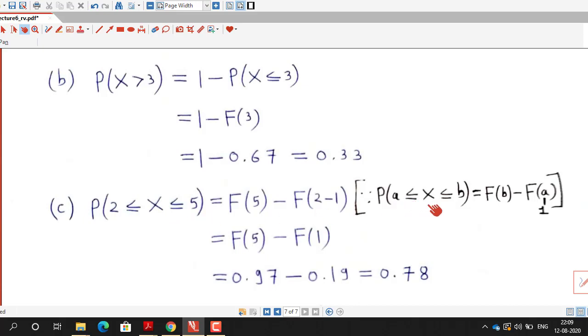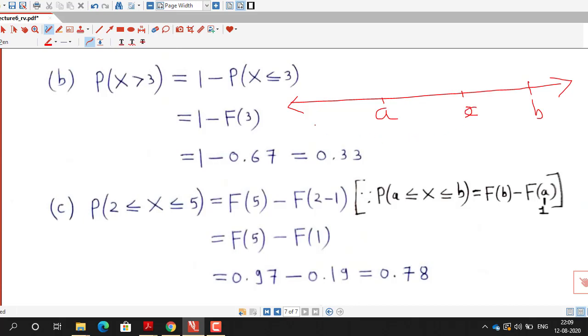So this we have discussed in an earlier lecture. The probability that small a is less than or equal to x less than or equal to b is nothing but F of b minus F of a minus 1. Okay, let us recall it again so that you don't have to cram the things. Suppose a and b are two integers and our x is in between a and b.